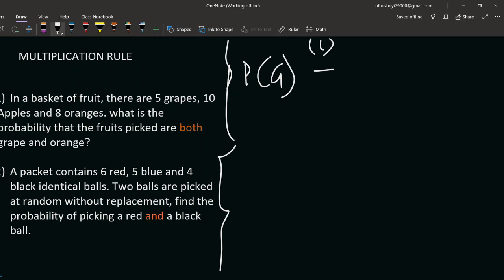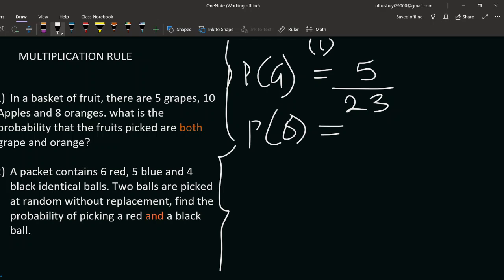Probability for grape, of course, is 5 upon the summation of f, 15 plus 8, that is 23. Good. Then the probability of oranges will be 8 upon 23.